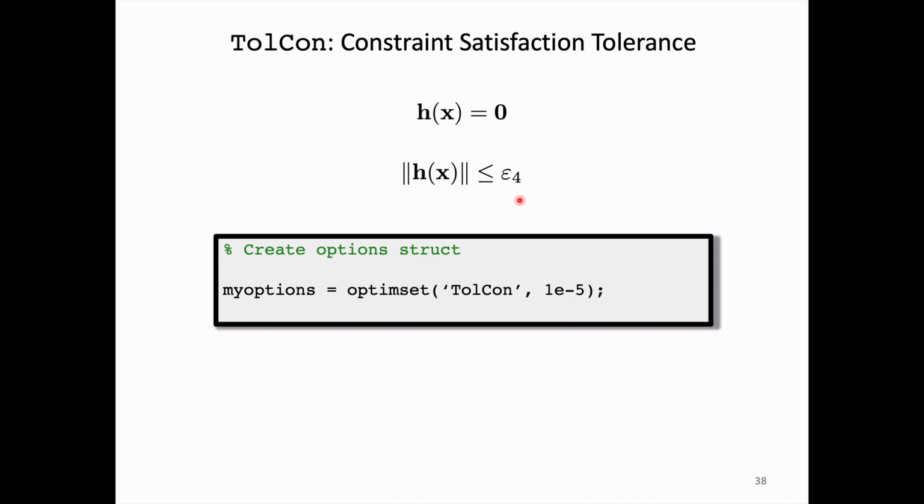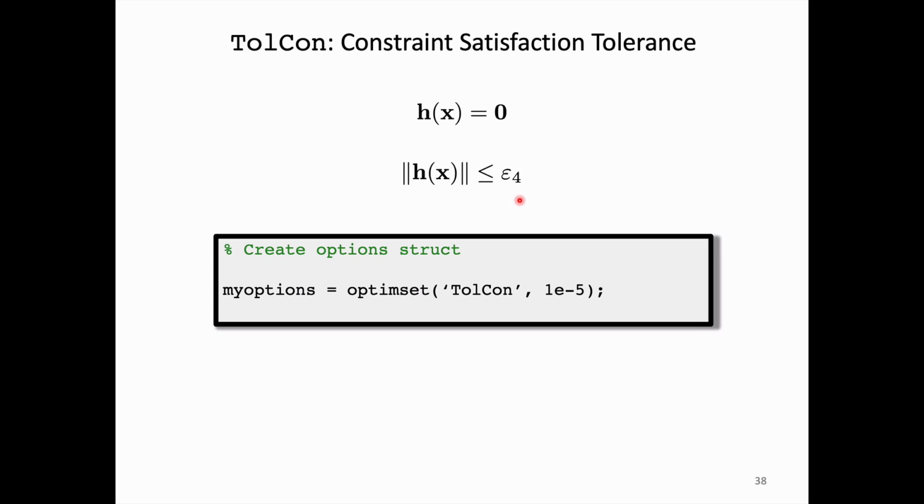Here we have a separate field, TolCon, for constraint satisfaction tolerance. Here are the constraints we want to satisfy, and here's at least one way of quantifying how well we have satisfied these equality constraints. The size of this tolerance is going to dictate the thickness of the fence in the analogy that we were looking at before, and we can use optimset again to set that value to something besides the default.